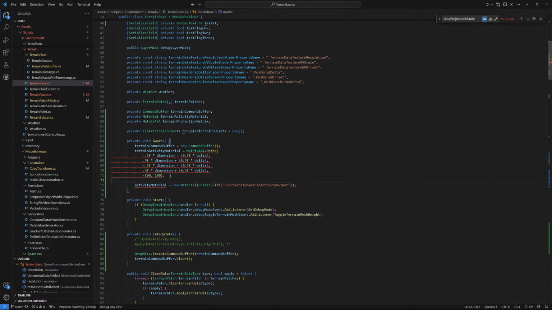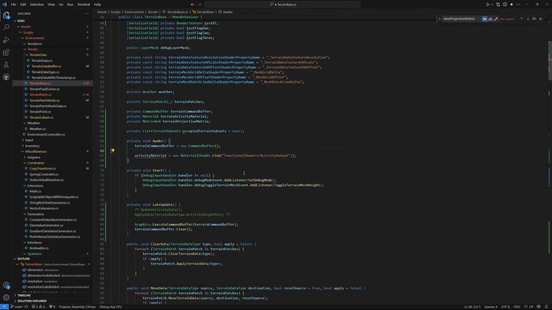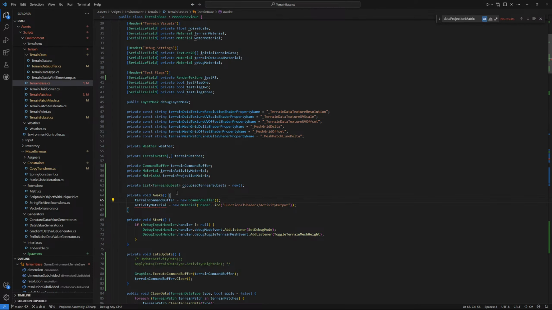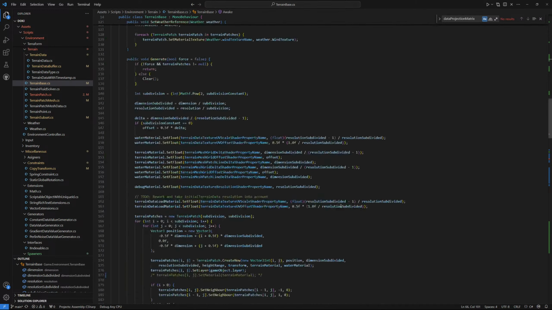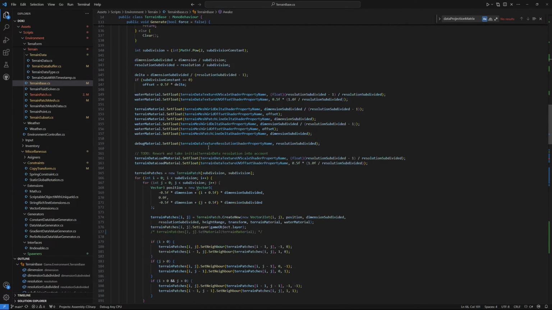So we might as well do activity material, terrain activity material, material shader find, activity output, like this.